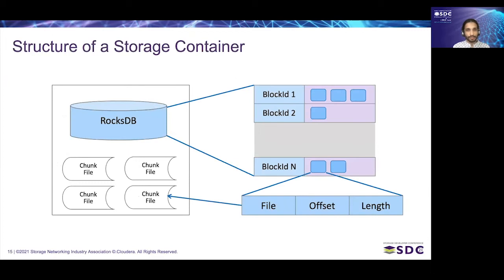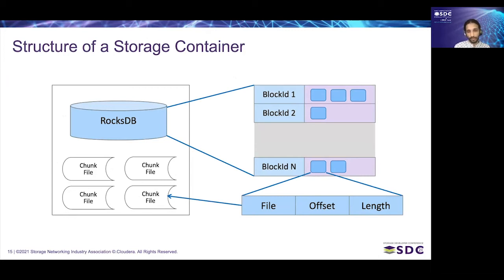So now let's look at the structure of a storage container. So what does a container in Ozone look like? A container consists of data files or chunk files. These files comprise the block data. Then we have a RocksDB instance for storing the metadata related to blocks.